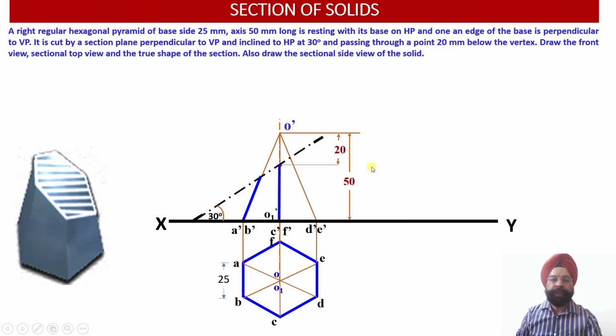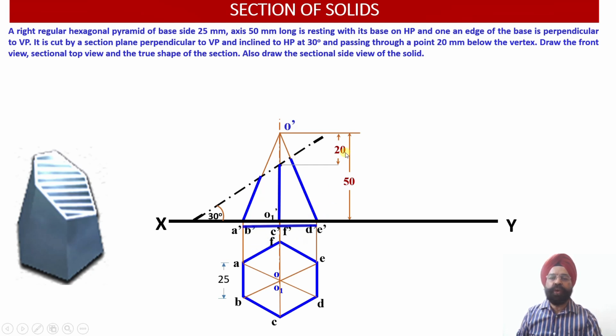Now let us join the remainder portion of the front view. So we can darken this because this is the remaining portion. We can darken this, and this is again the remaining portion of the solid, that is, the slant generator whatever is remaining over there. So this is the longer generator left, and this is the shorter generator.